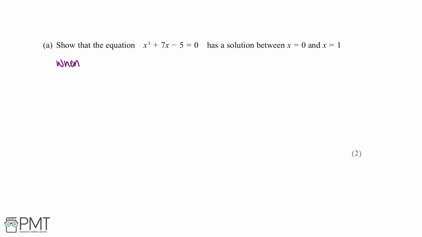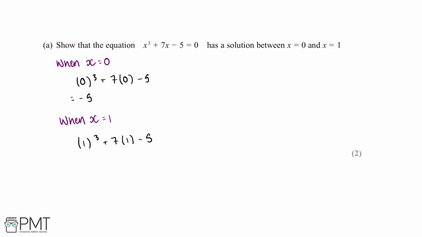So when x equals 0, x cubed plus 7x minus 5 will be equal to 0 cubed plus 7 multiplied by 0 minus 5, which gives us an answer of negative 5. And then when x equals 1, x cubed plus 7x minus 5 is equal to 1 cubed plus 7 multiplied by 1 minus 5, which gives us 3.